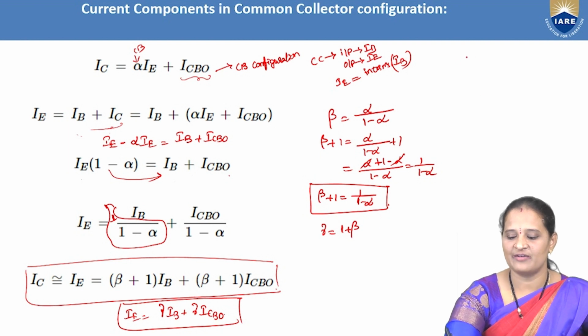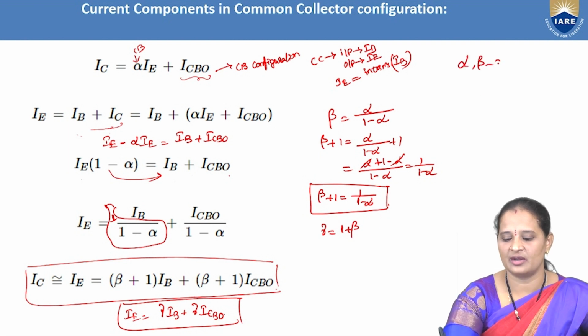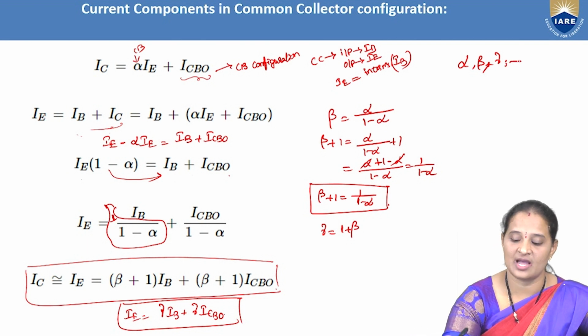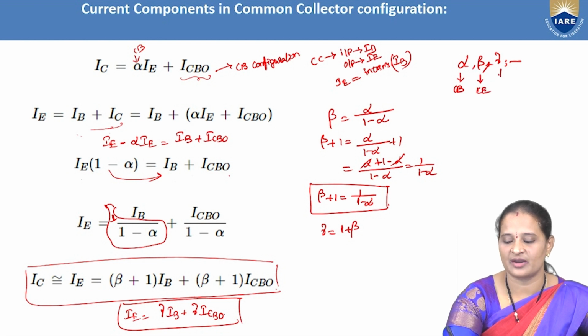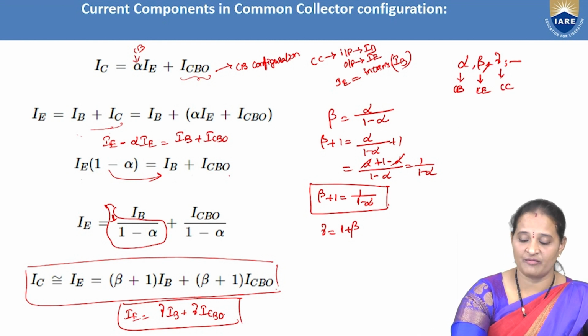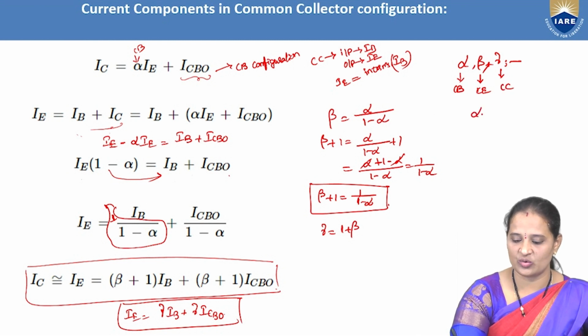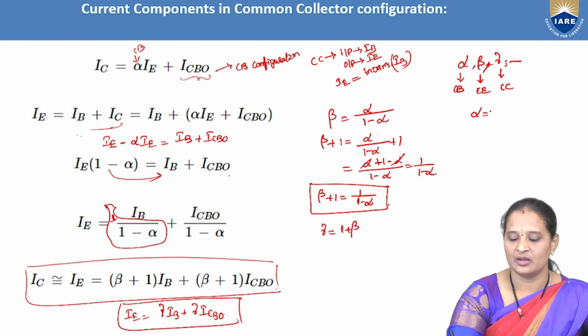Now we can have a relation between all three current amplification factors, alpha, beta and gamma. Alpha is the current amplification factor of common base, beta is that of common emitter, and gamma is that of common collector. As we know, beta = alpha/(1 - alpha). Similarly, gamma = 1 + beta.